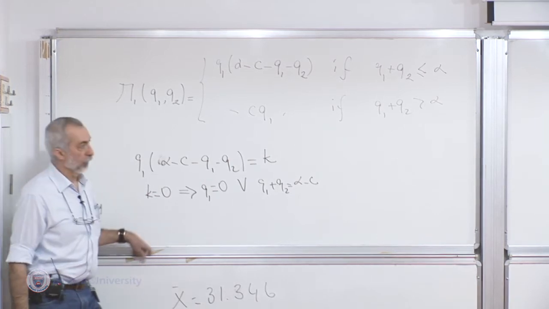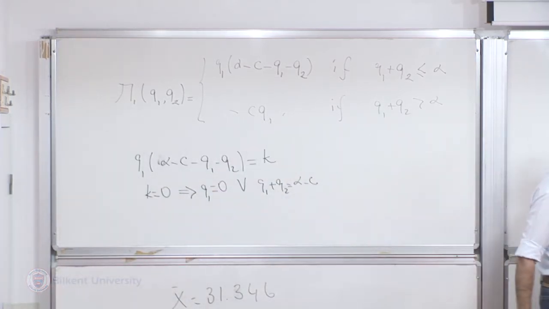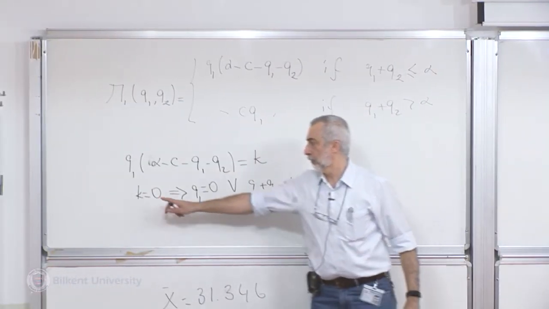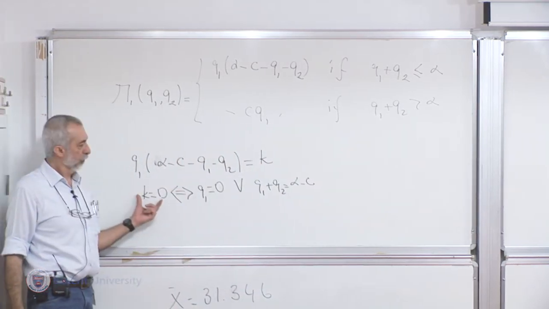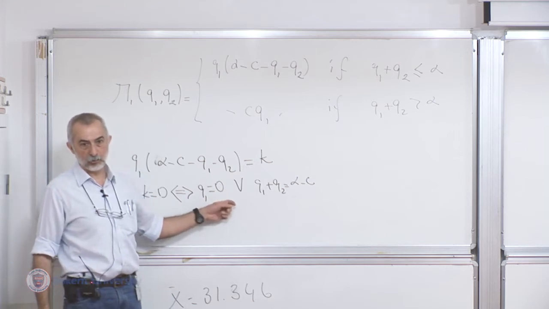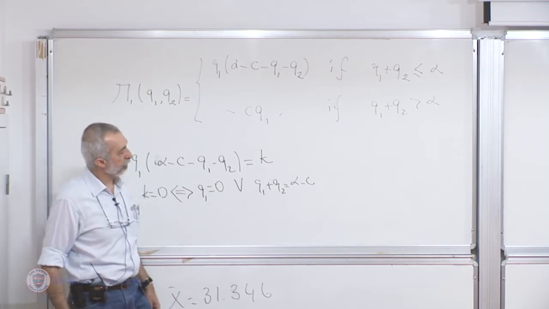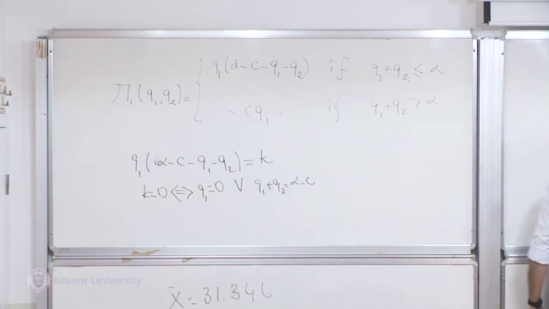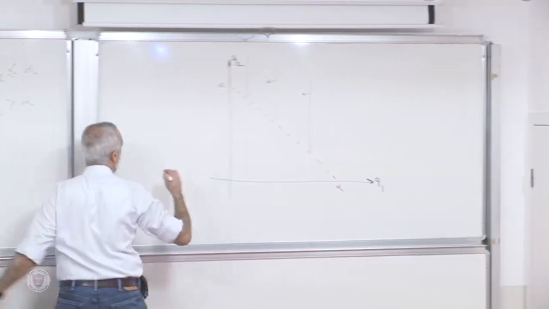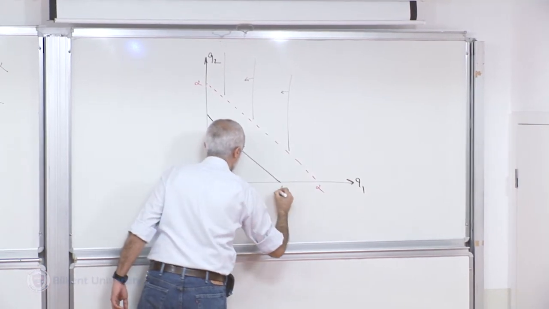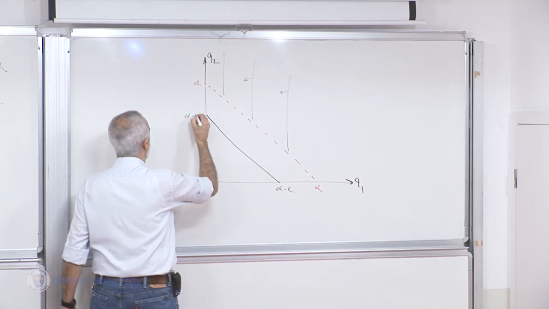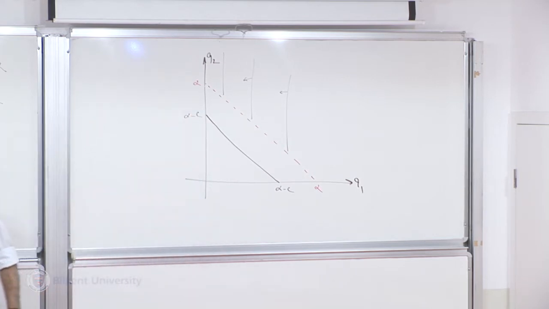So any strategy profile in this region that satisfies this condition has, if and only if, profit equal to 0. So all these points are on an iso curve. Let's draw that. I have these points, alpha minus C, alpha minus C, and then we have these points, no restriction on Q2.